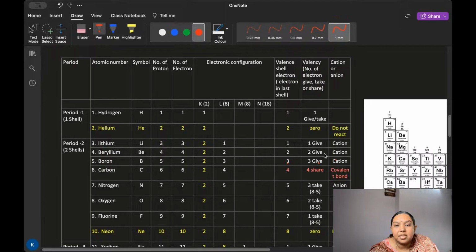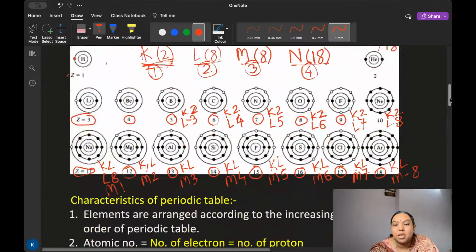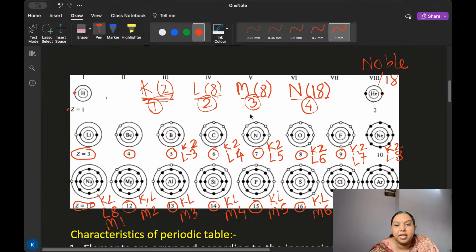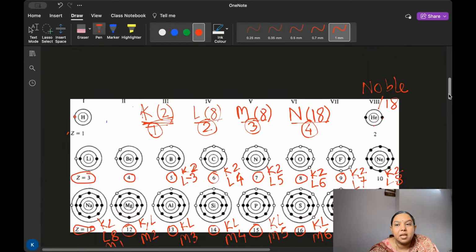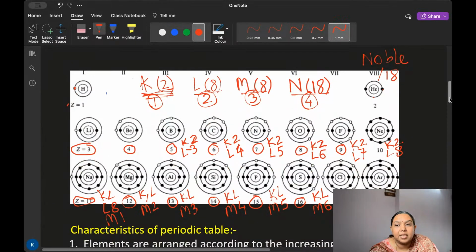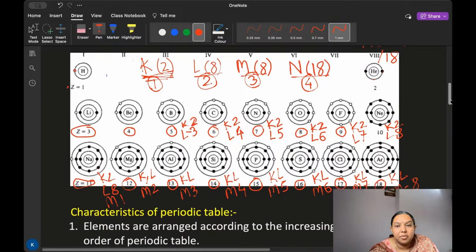This cation and anion formation I will be taking up in the next class. At present we are just focusing on filling these electrons. If you have any doubt in filling of these electrons, kindly let me know in the comment section. In the next class we will be understanding how cations and anions are formed.